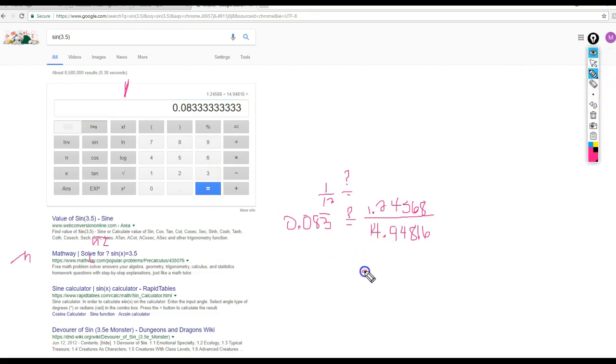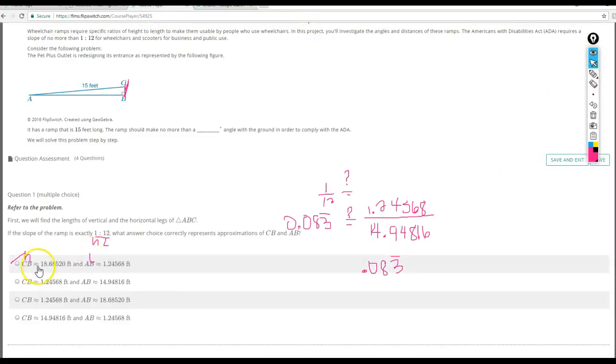Since it does equal exactly what the ratio of 1 to 12 is, that's the height and the length that Pet Plus outlet needs to use. That's how you can compare to find the height and the length for a 15-foot ramp.